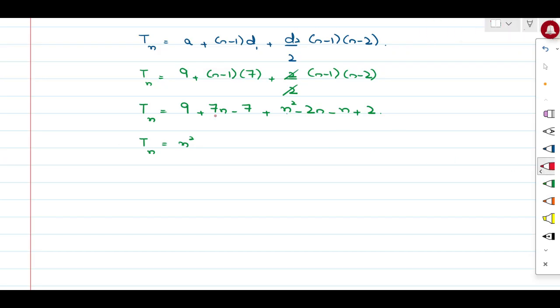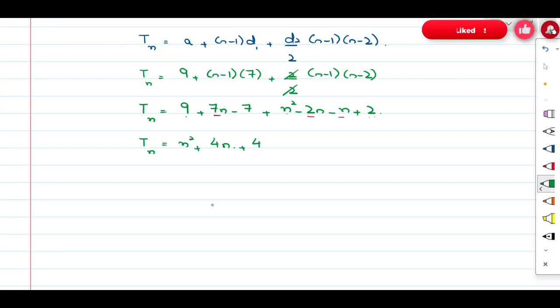How many terms are with n? 7n minus 2n minus n, so minus 2 minus 1 is minus 3, and 7 minus 3 is 4, so plus 4n. For the constants, 9 plus 2 is 11, and from 11 take away 7, which is again 4.